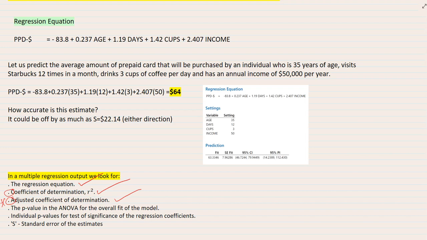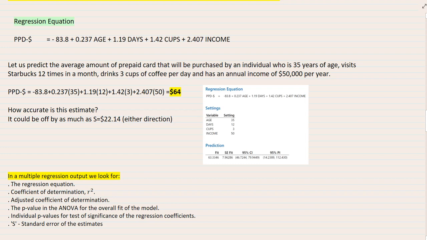Because remember, just by nature, you can throw unrelated independent variables in your model, and that will boost the R squared. That's just the nature of a regression model. You can put the sales of chewing gum in your regression model, and it will improve the predictability of your model. But whether it makes sense or not is another thing.